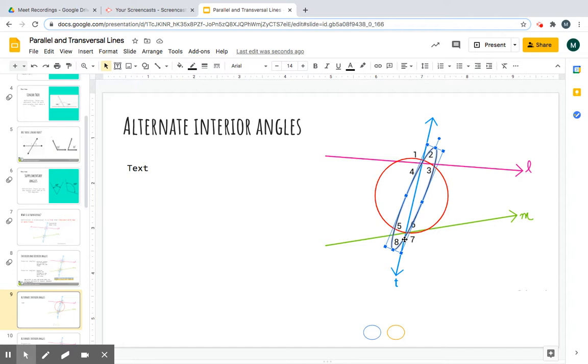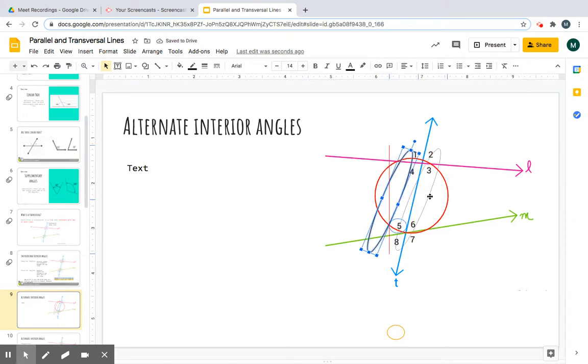But remember that we said that they have to be interior, right? So the angles we see overlapping between the interior and the alternate are going to be angle 3 and angle 5, right?